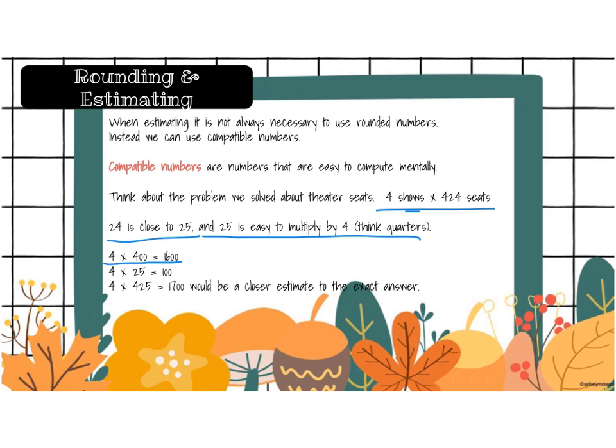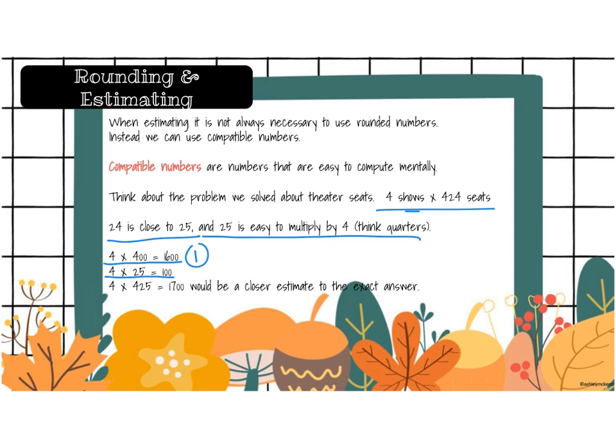You could take it a step further. 4 times 25 is equal to 100. Why did I also do 4 times 25 in this problem? This is what we did first on the last slide. We rounded way down to 400, and we got 1,600.